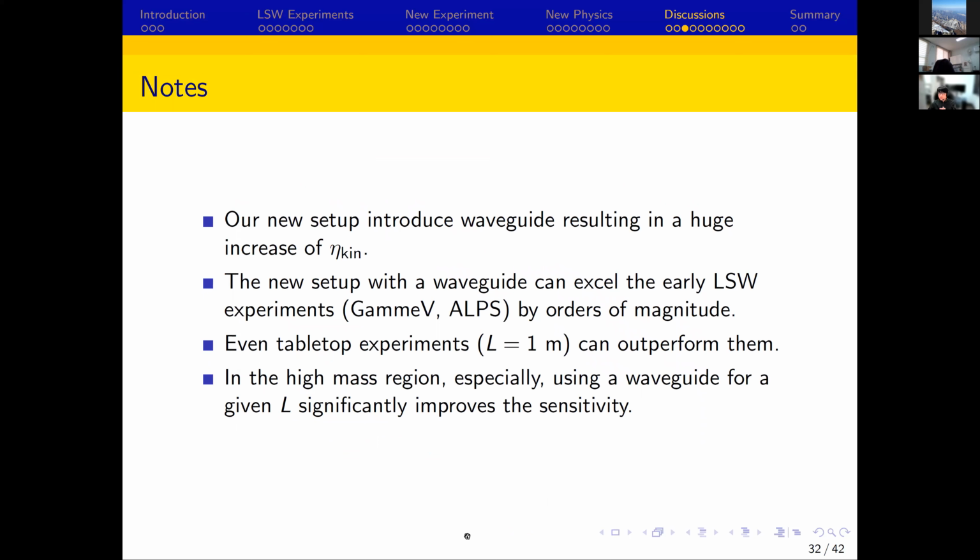In the high mass region, especially, using a waveguide for a given L significantly improves the sensitivity, since in the high mass region, the lab frame is close to the rest frame, so the dispersion is larger. So our sensitivity is much better than other LSW experiments. Okay.